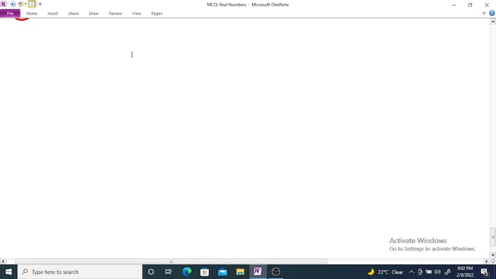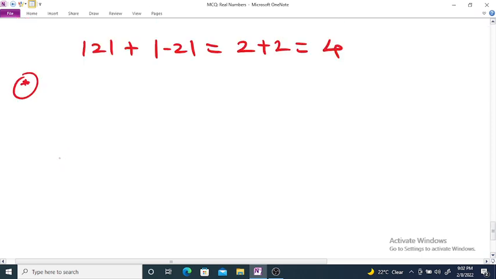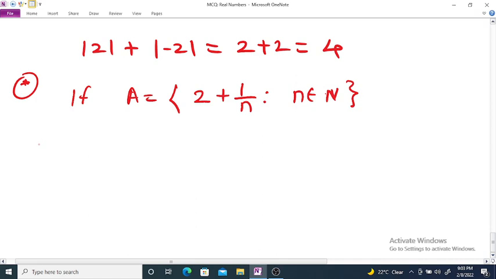The next example: if A is equal to 2 plus 1 by n, where n is a natural number, then option A: supremum of A is equal to 1 and infimum of A is equal to 2.